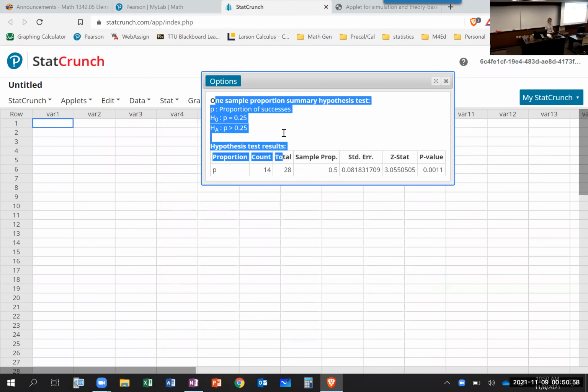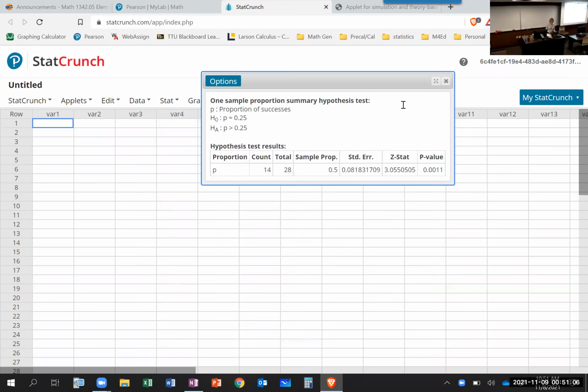Everybody have those results right there? Okay, so in StatCrunch, I want everybody to go ahead and write down this information. What I want you to write down is this heading here, and I want you to write down both of those two rows. Use your standard error, just round to 3 places, along with our z-stat.